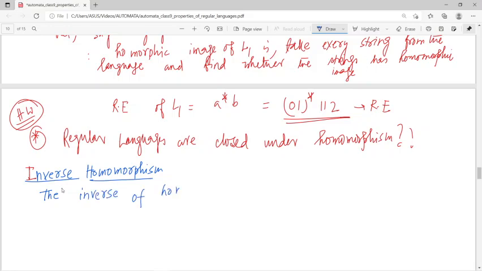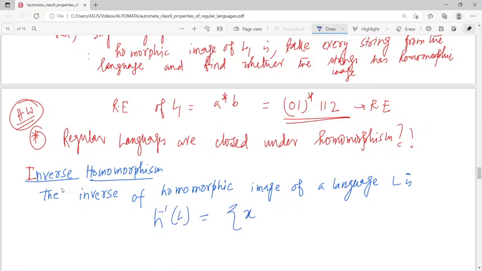of homomorphic image of a language L is, we can write, this is the inverse homomorphism symbol, x, hx is in L. What does it mean?